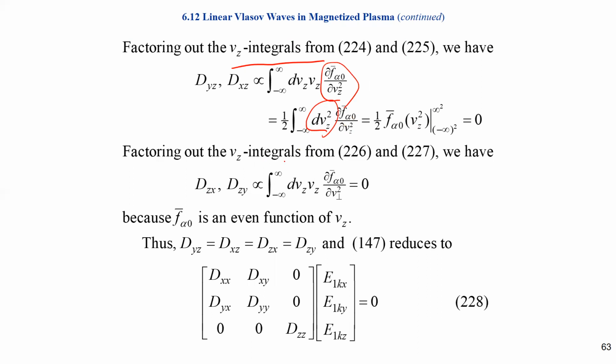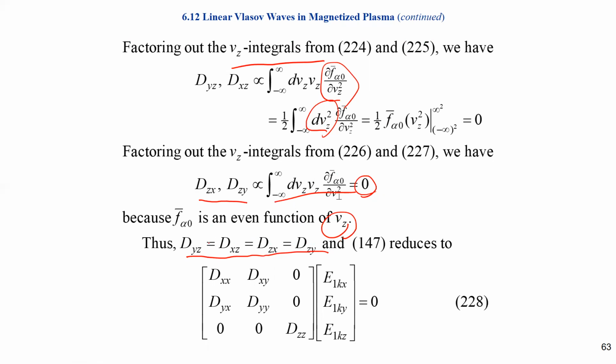Factoring out the v_z integration from 226 and 227, we have another good piece of information: 0 again. It's an even function of v_z. Same argument: an even function of v_z. Therefore, the terms with the Z component will be 0.